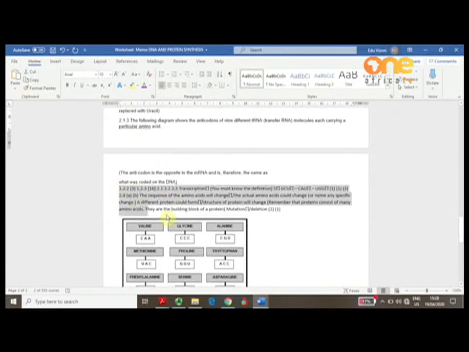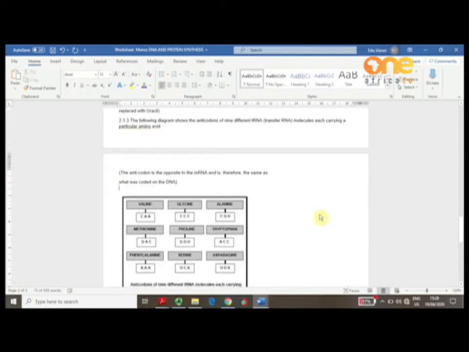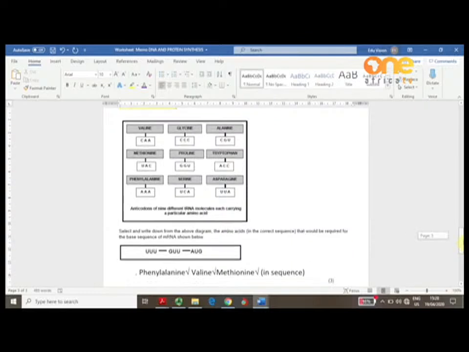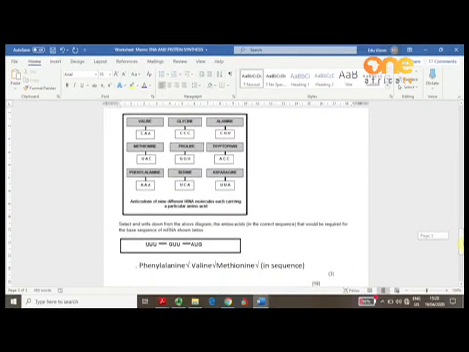Right, now the next answer is the anticodon is the opposite to the mRNA and therefore the same that was written on the DNA. And this that I put in brackets is extra notes and will not be part of your question. I just wanted to lead you to it.